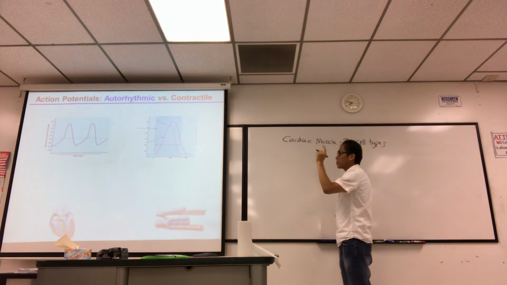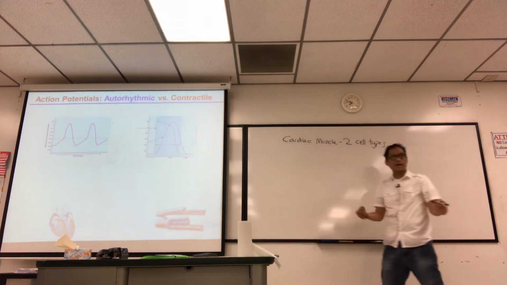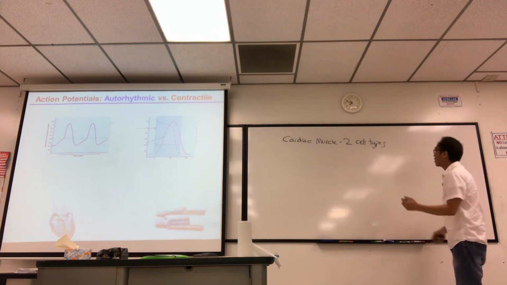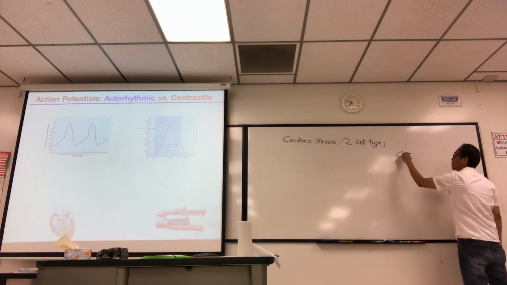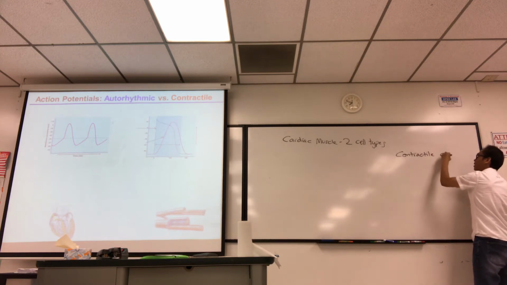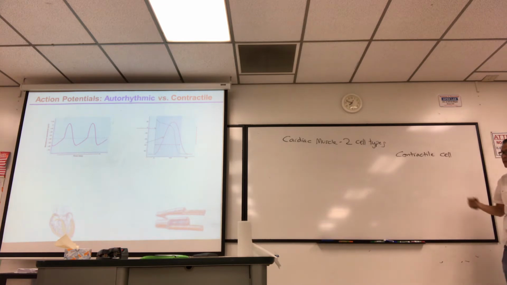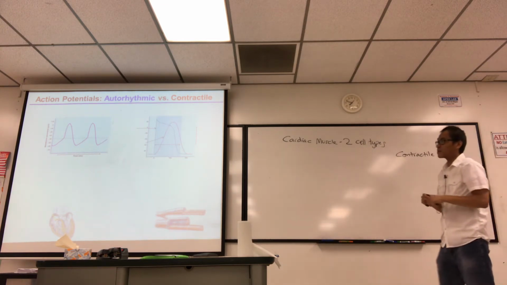Just the regular muscle cell shown here on the right, we call it a contractile cell mostly. It's most of the heart. Okay, it's a large majority of the heart. It's the muscle part of the heart, the contractile cells.